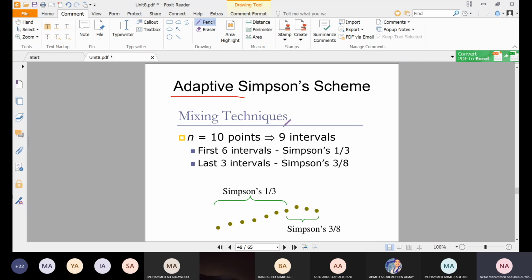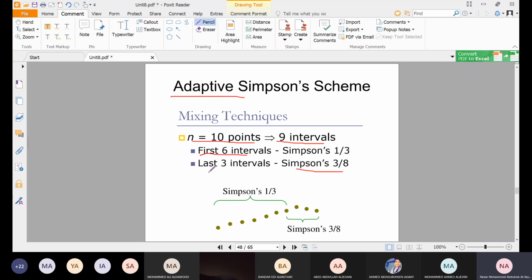So here we have a mixing scheme. If we assume we have n data points, in this case we have 9 intervals. In one of these examples, for instance, the first 6 intervals use Simpson third rule, and the last three intervals use Simpson 3/8 rule. There are also other advanced methods that use Simpson method, but we focus here on the Simpson third rule and a little bit on the 3/8 rule.